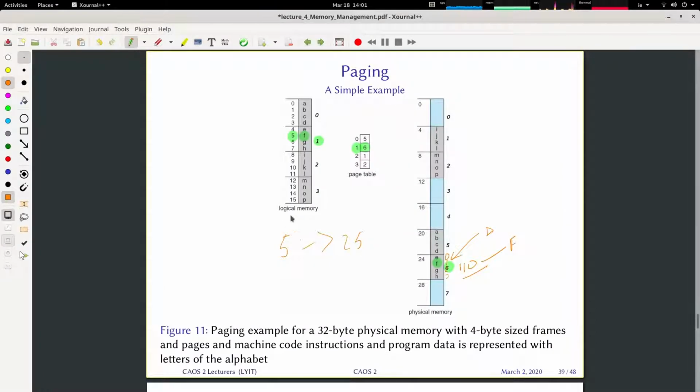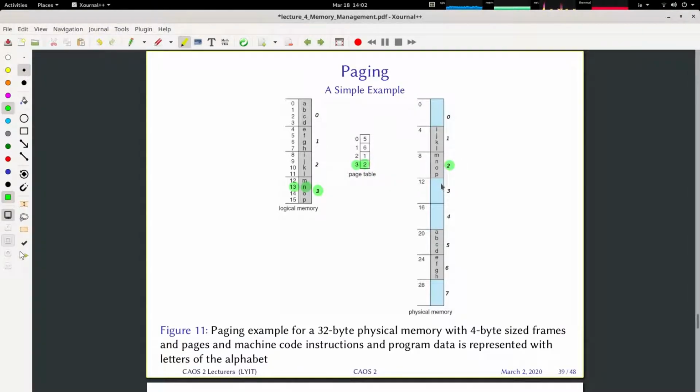So let's go back to this picture here. And again, we just scrub up the diagram and we highlight our logical address, which is 13. We can see that the content of 13 is n, that it belongs inside page 3. When we go to the page table, which is stored inside the memory management unit, we can see that page 3 maps to frame 2.